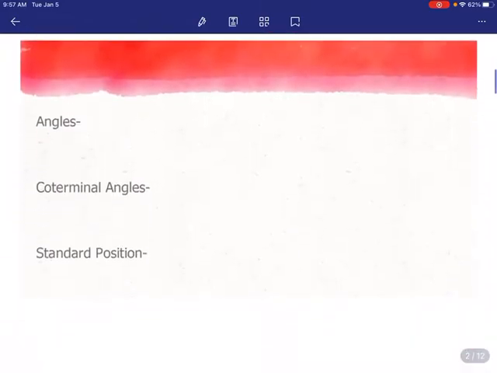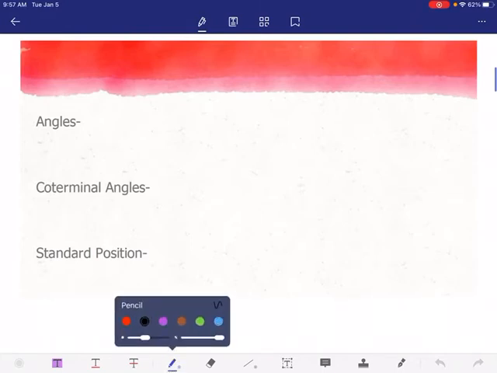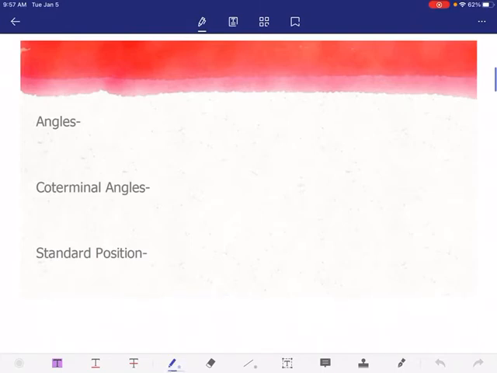So first, let's get a few definitions. So, an angle.